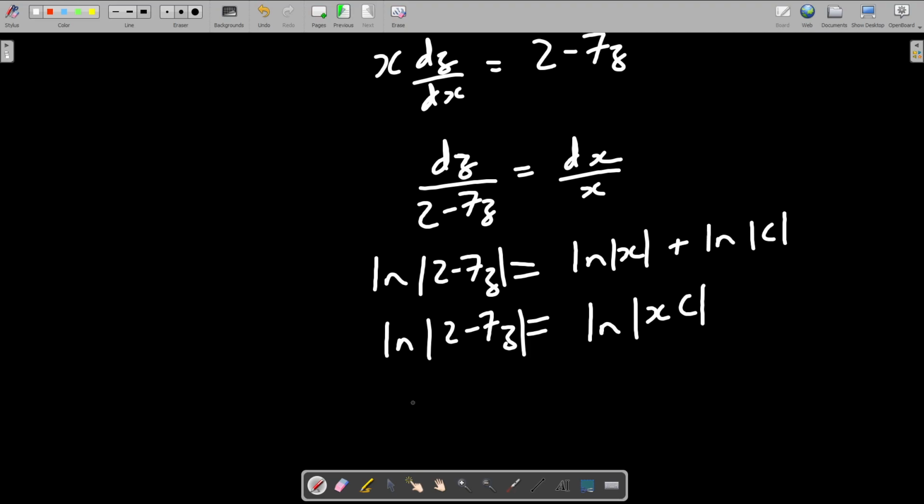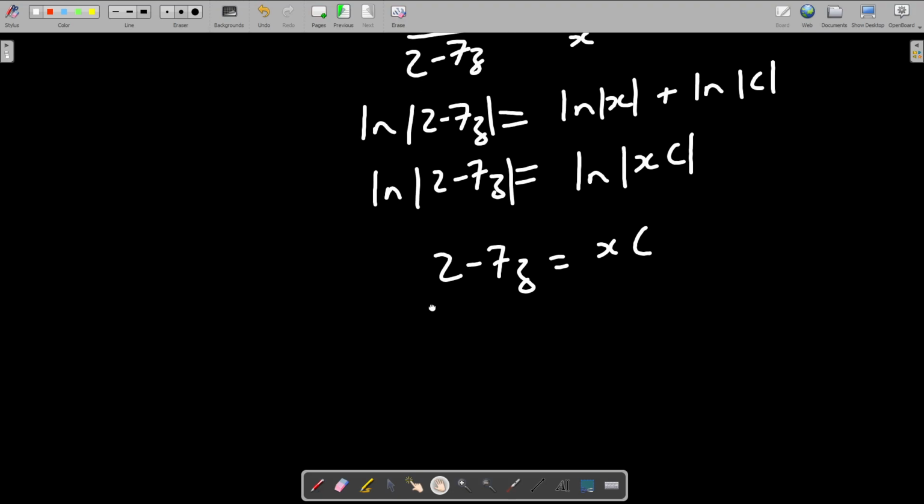Taking exponential on both sides, this will become 2 minus 7z is equal to x times c. So what is z? y by x, right? So this will leave you with 2x minus 7y equal to x squared. I replaced z with y by x.